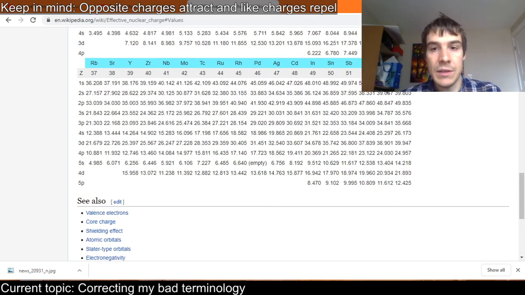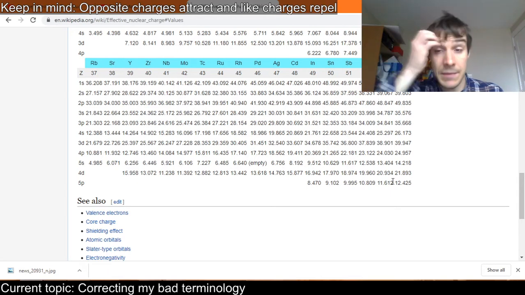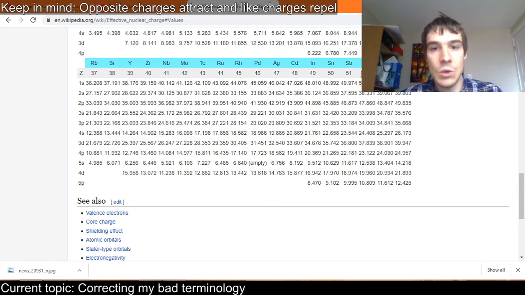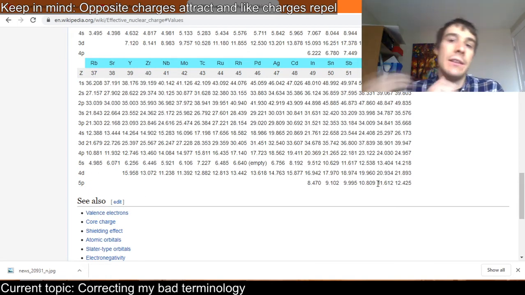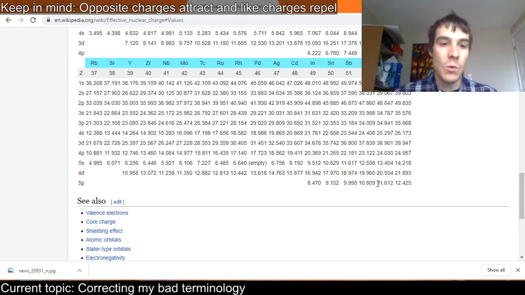Because there's more protons, the charge isn't attenuated as much by all of the other electrons. So 37 times 2 is 74, but the effective nuclear charge, the actual amount of attraction that they feel for the nucleus, is more than doubled, even though there's not twice the amount of protons in the nucleus.